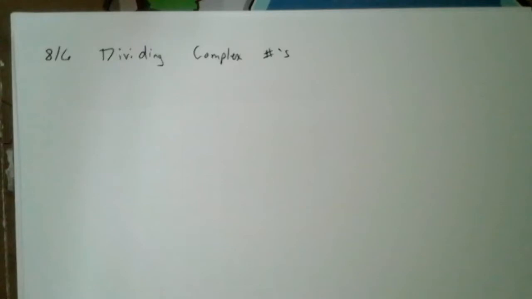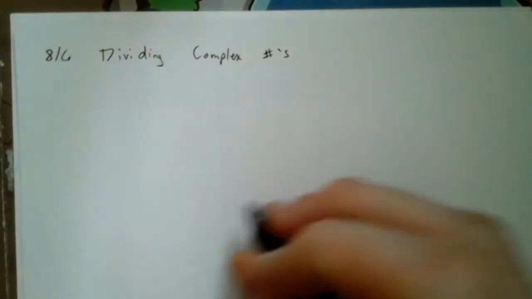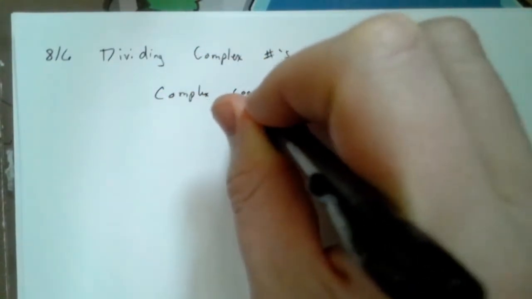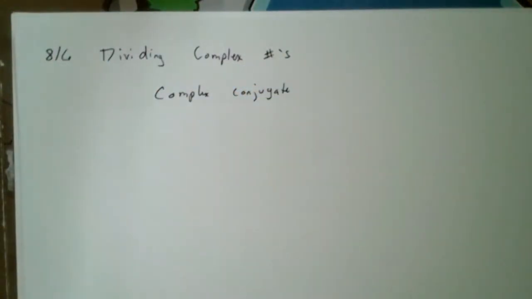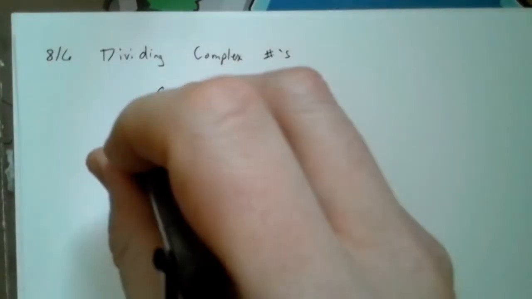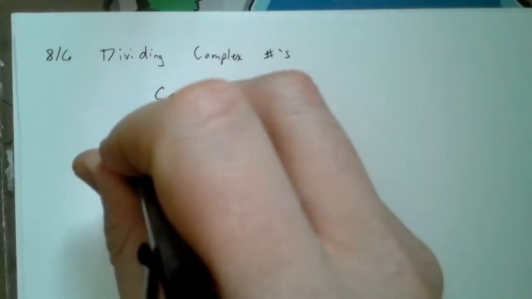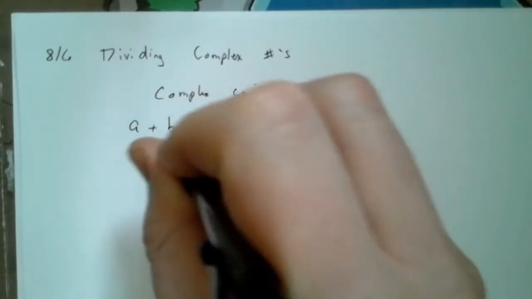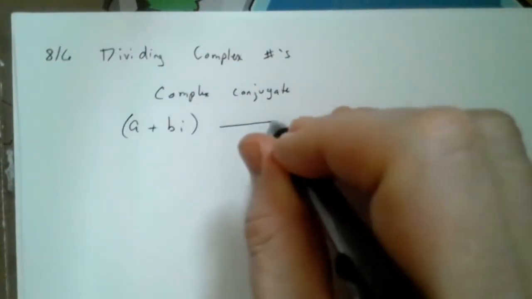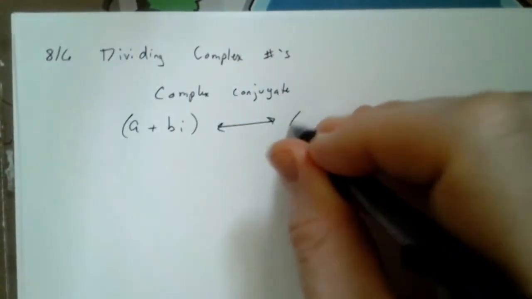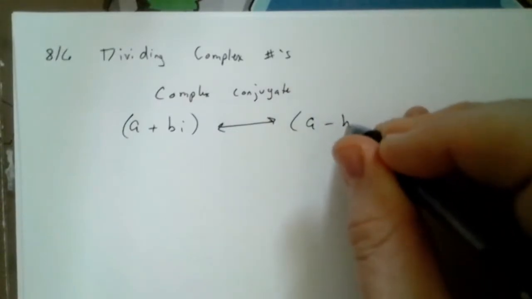Alright, so the first thing you need to know in order to divide a complex number is what a complex conjugate is, okay? When we have a complex number, a plus bi, if we want to know its conjugate, what we're going to do is make it a minus bi.